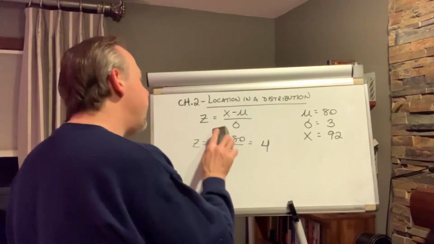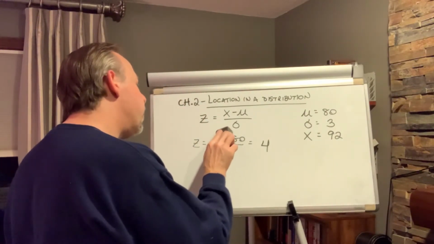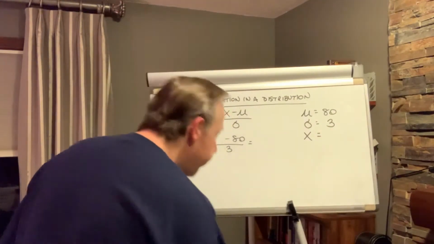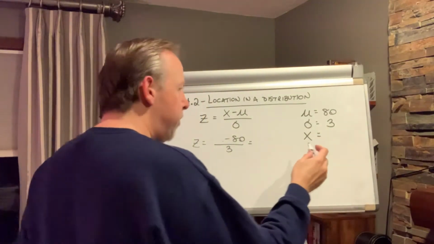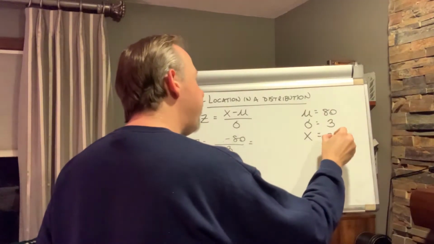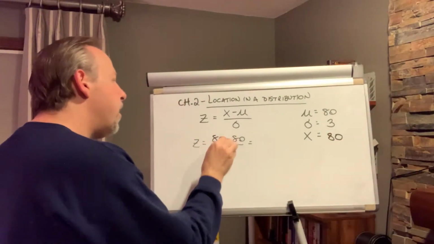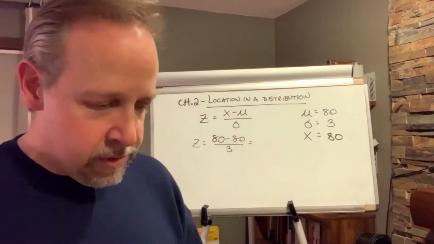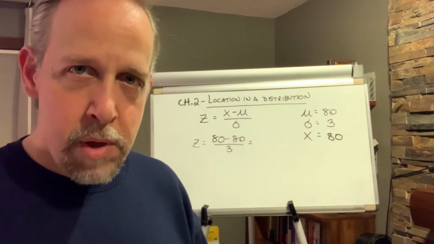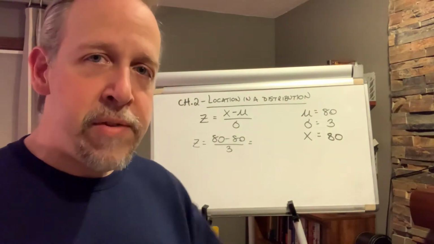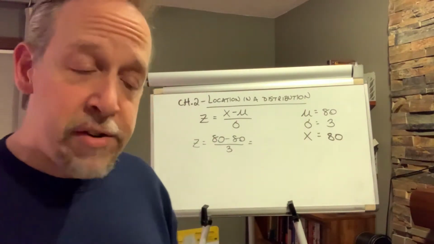What if we took a different person's score and reevaluated that? Hopefully you understand what's going to happen right now, but let's put the number 80 up there. 80 was the mean score. So a person who scored 80 is how many deviations away from the center?